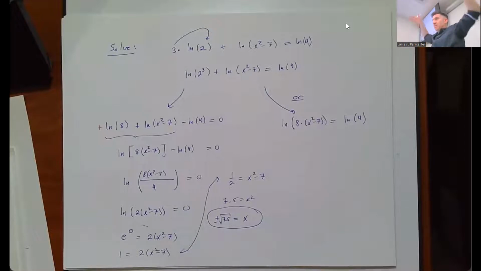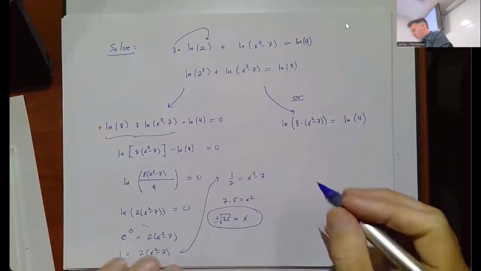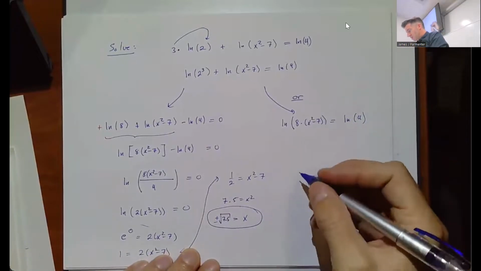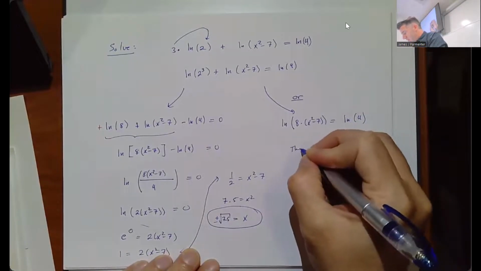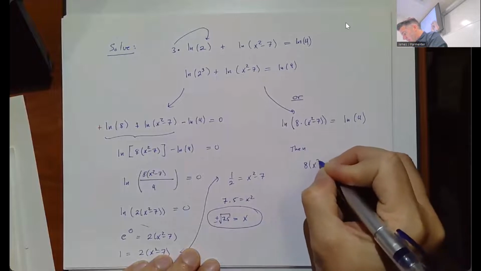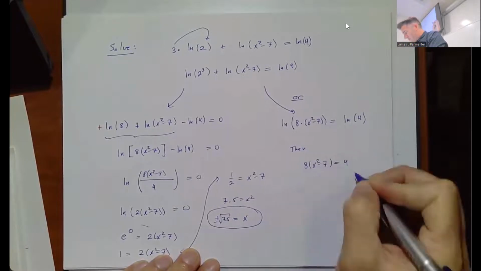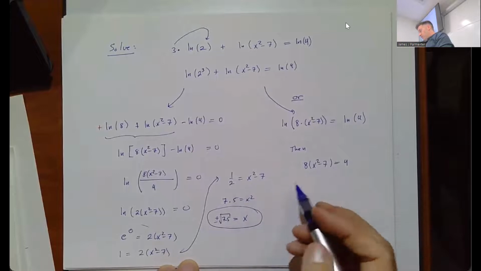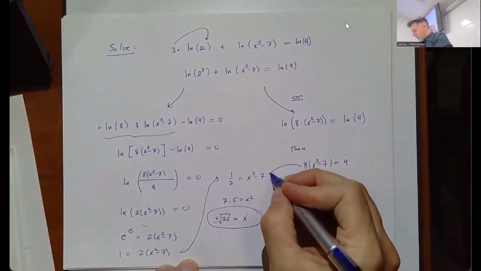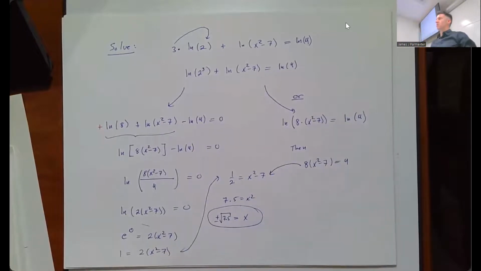They have to be the same somethings for them to equal each other. So we can just drop the natural logs essentially and say, oh, then we must conclude that 8 times x squared minus 7 equals 4. Which is really, then you're just back here, right? Then you divide both sides by 8, and so on and so on. So that would have been an easier way to do it, but I wanted to make it a little harder just to show you how to combine all these logarithms.